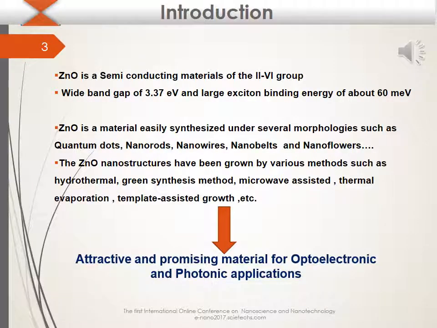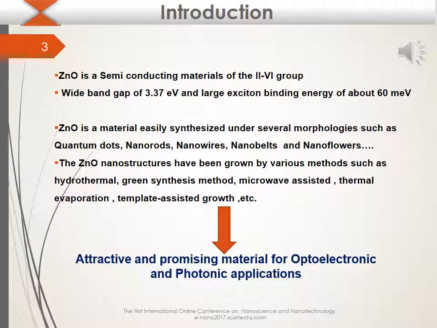So, as you know, zinc oxide is an attractive II-VI group material with a wide band gap and large exciton binding energy. Also, zinc oxide is easily synthesized under several morphologies such as nanorods, nanowires, nanobelts, and nanotubes, using different methods and techniques.